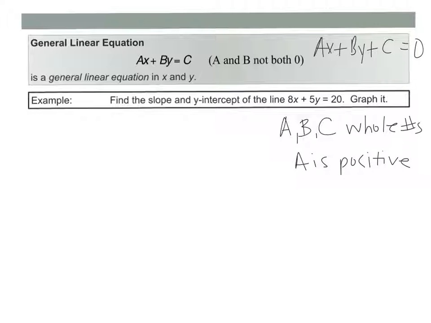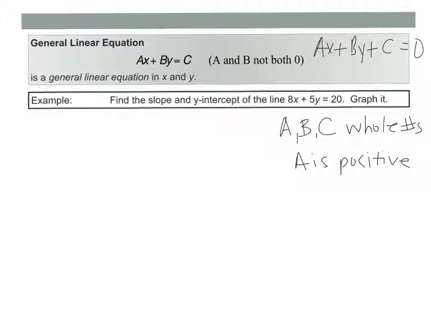So I guess actually I should have said they are all integers, and a is positive, but you know what I mean. There's no decimals, there's no fractions in this form. We don't use this a ton. I would very rarely, if ever, ask you for an equation in general form. But what happens more often is that you're given an equation in general form, and then you have to work with it. So like in this case.